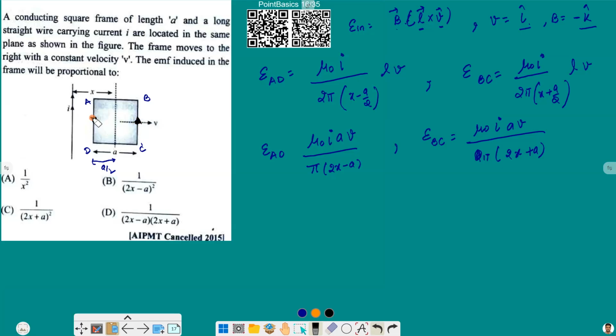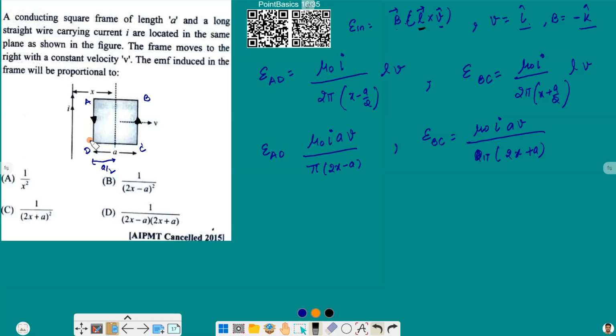This induced current decides the direction of the length. In one arm, the direction of the length will be in the positive y direction, and in the other arm it will be in the negative y direction. So one EMF will be positive and the other EMF will be negative, which we have to consider.